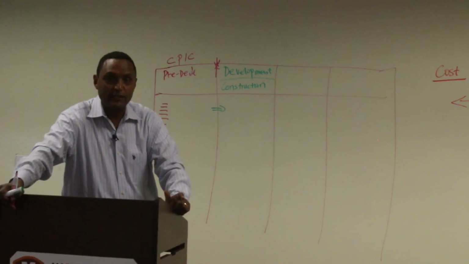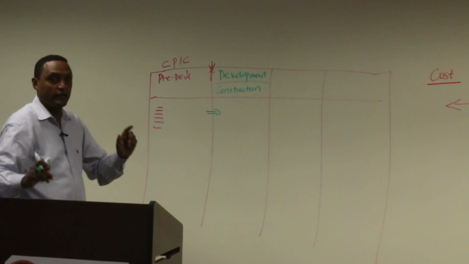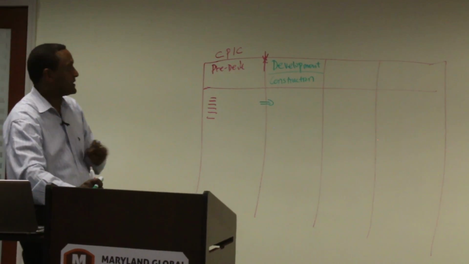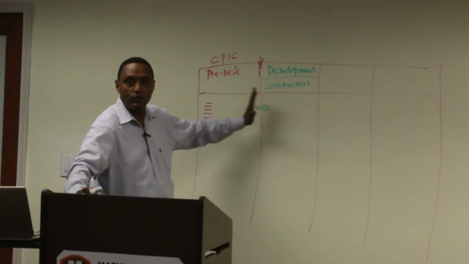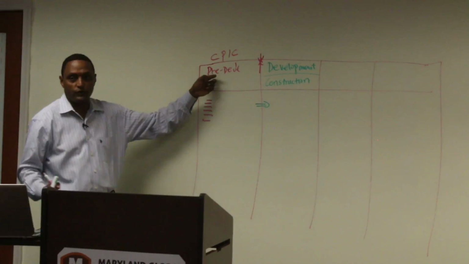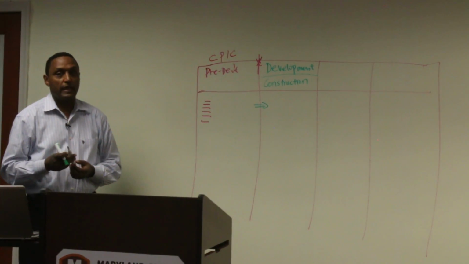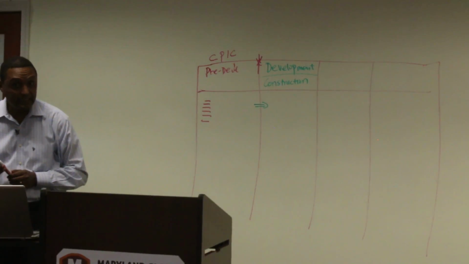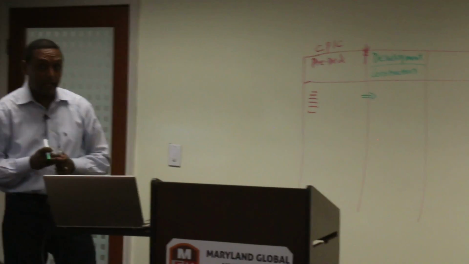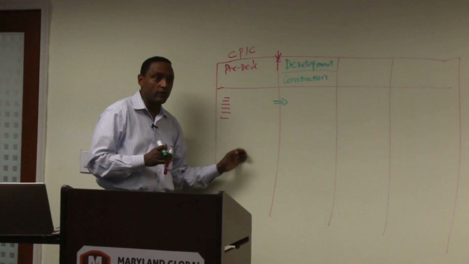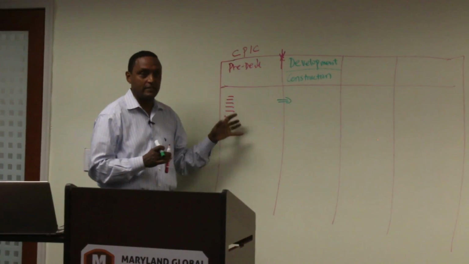If I ask you to put the 2 or 3 of those activities between the two, where do you think pre-development falls? Initiation and planning. Because remember, you're still dealing with all the paperwork and the activities there.